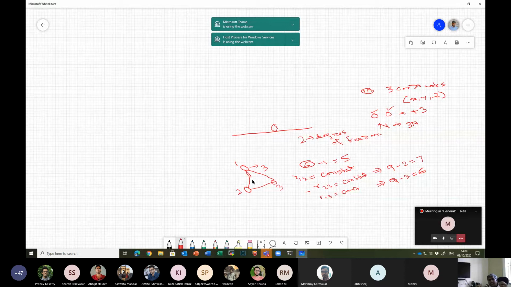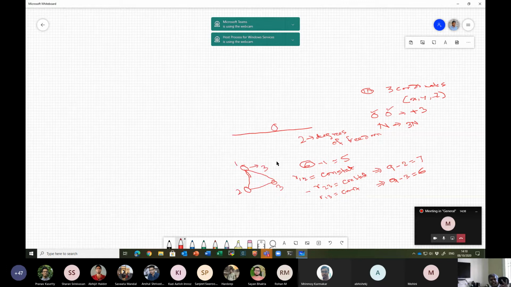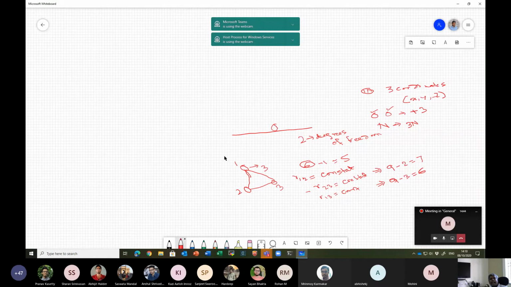and you imagine that these n particles are not connected, with each pair not connected, then in that case you get 3 times n degrees of freedom, right? Now just imagine that in these n particles, each pair is connected, like in this triangle.